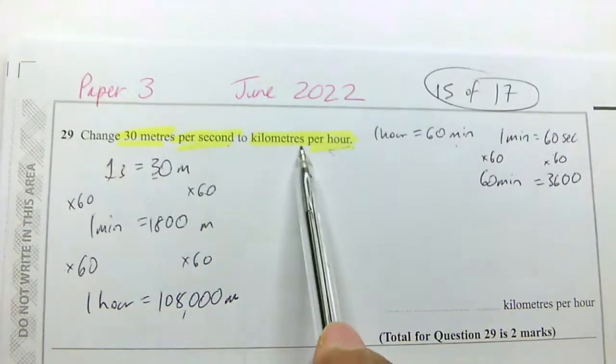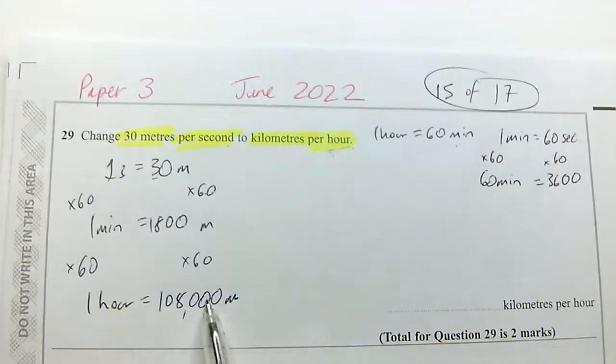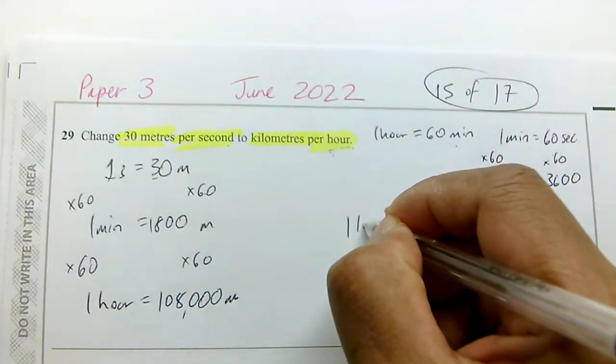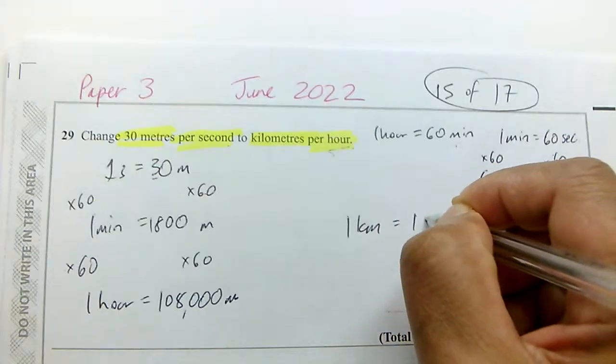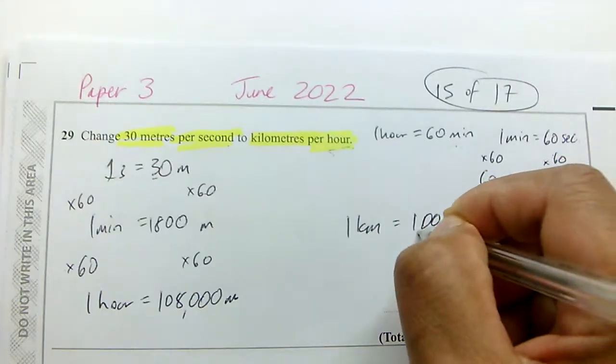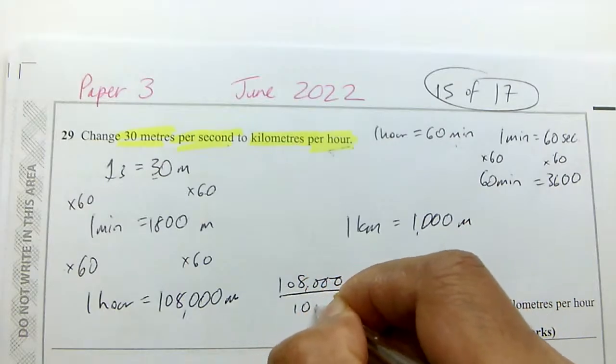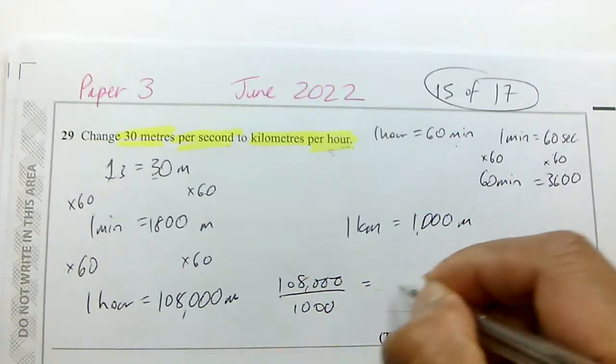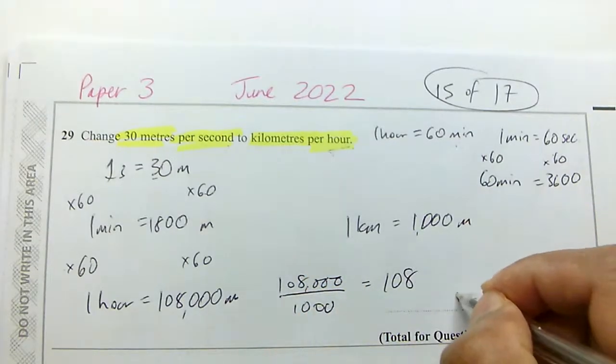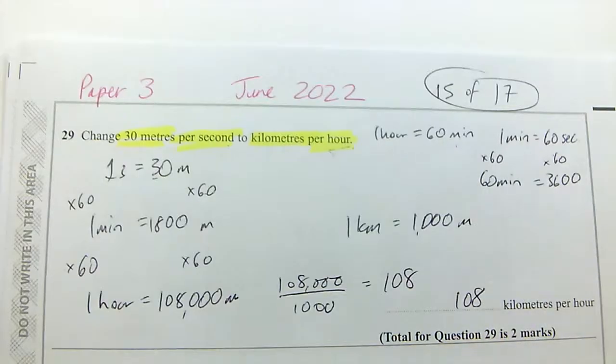Okay, so we've got kilometers per hour. In 1 hour, we've got that many meters. And now we also need to remember 1 kilometer equals 1,000 meters. So we can just do 108,000 divided by 1,000 equals 108 kilometers. Okay, so there you have it.